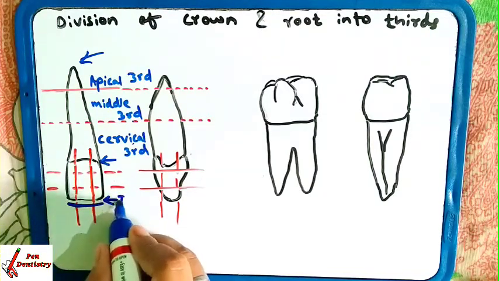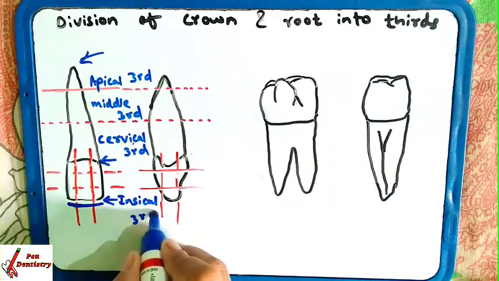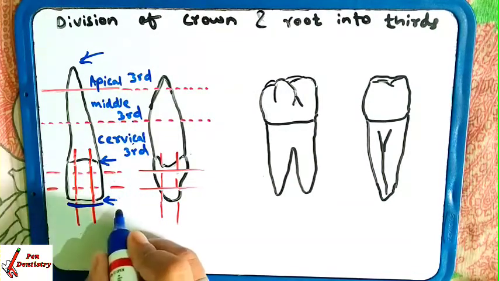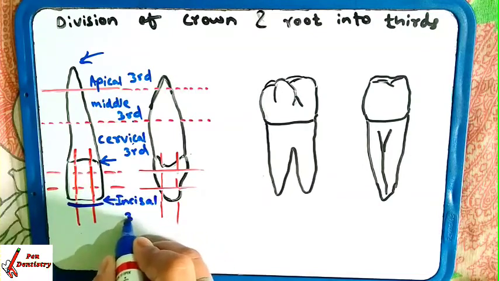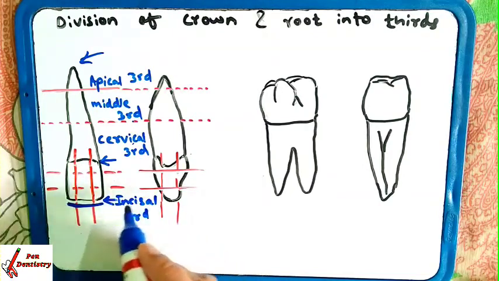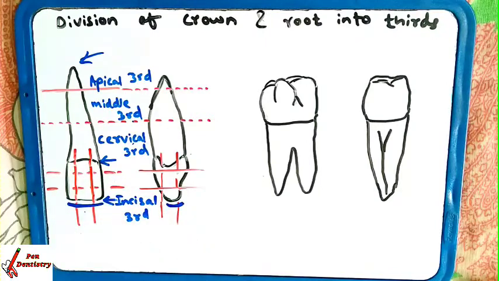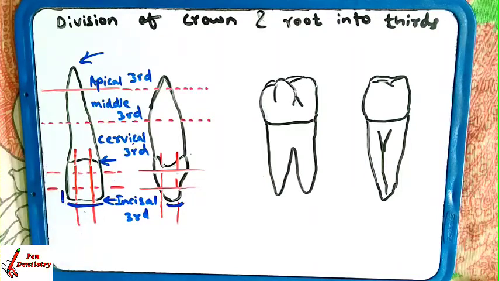So this is known as the incisal third. Both here also and here also it will be incisal third. According to this, this much will be the incisal third.